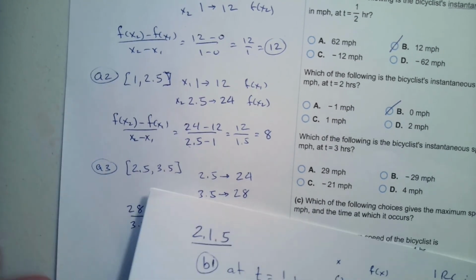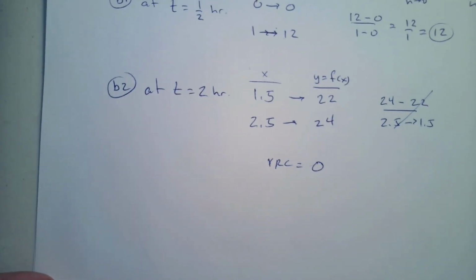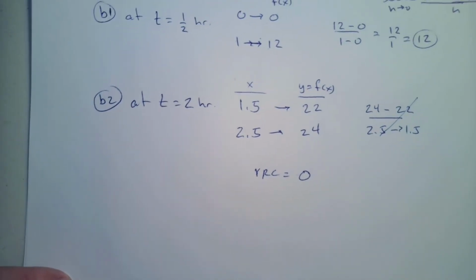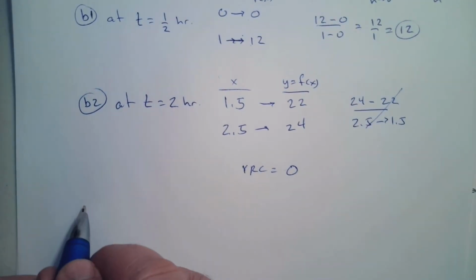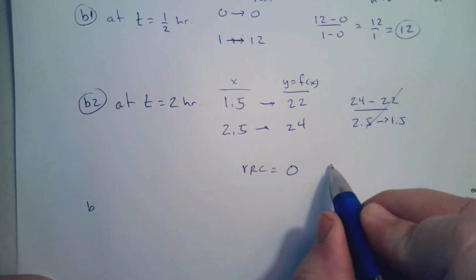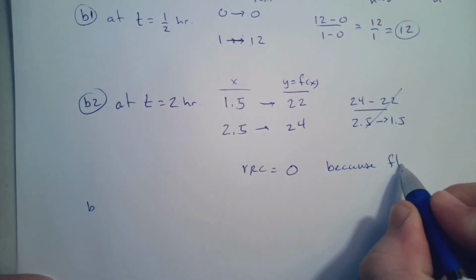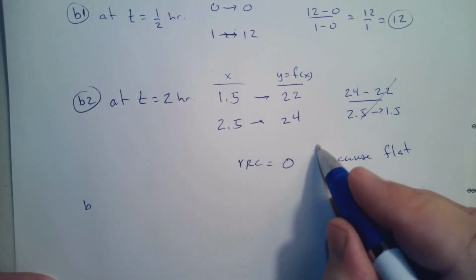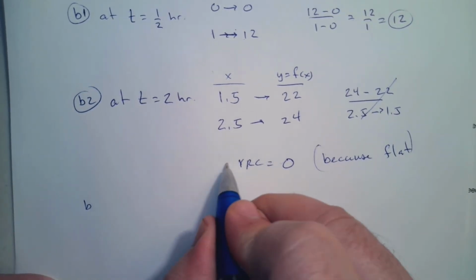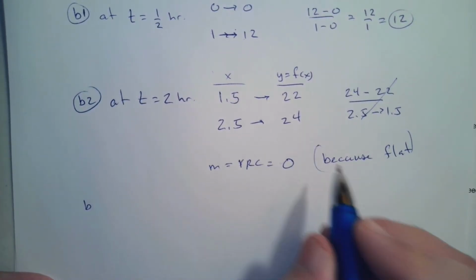And at 3. This instantaneous rate, remember, it's the slope. It's 0 because it's flat.